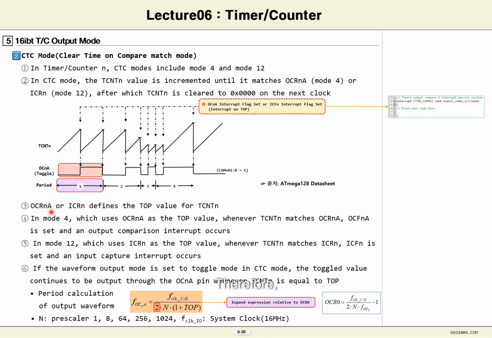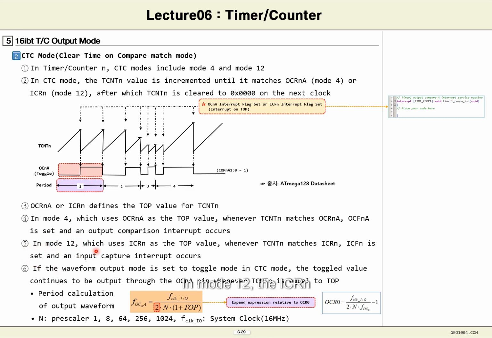Therefore, OCRnA and ICRn can be used to define the top value for the TCNT value. In Mode 4, OCRnA is used as the top value. And if the TCNT value matches the OCRnA value, OCFnA is set and an output compare interrupt occurs.